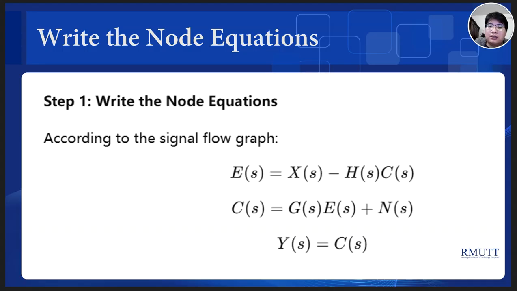The third equation is Y(s) equals C(s). These equations describe how the input signal, the feedback signal, and the disturbance signal are connected in the system.